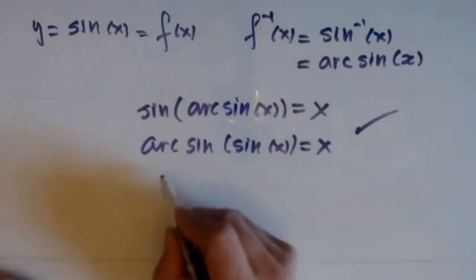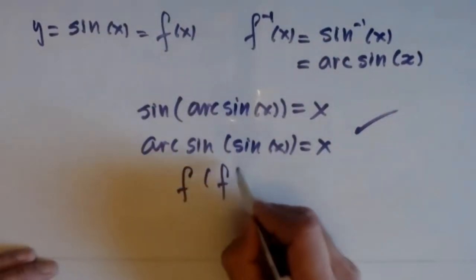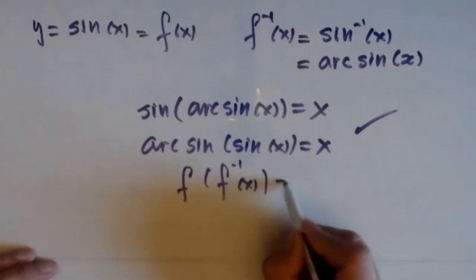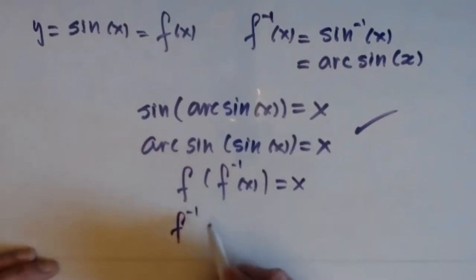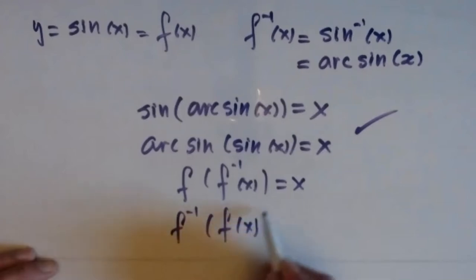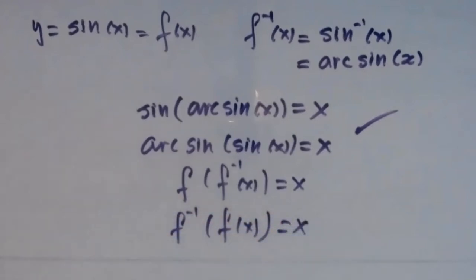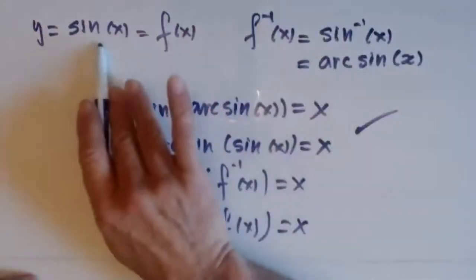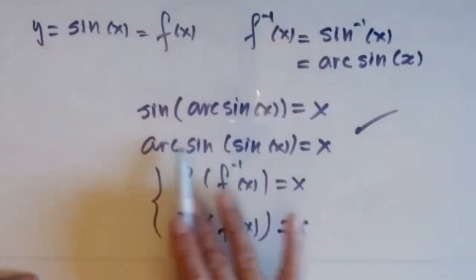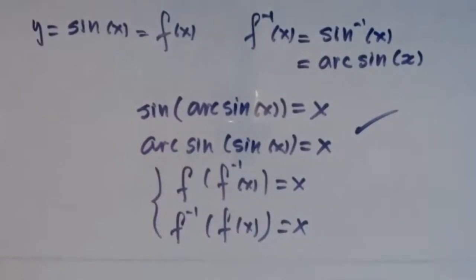It's just this definition, f of f -1 of x equals x and f -1 of f of x equals x. So this is the definition of the inverse. So if this is the sine and this is the inverse, if I make the composition, I get a single x. So not a big deal.